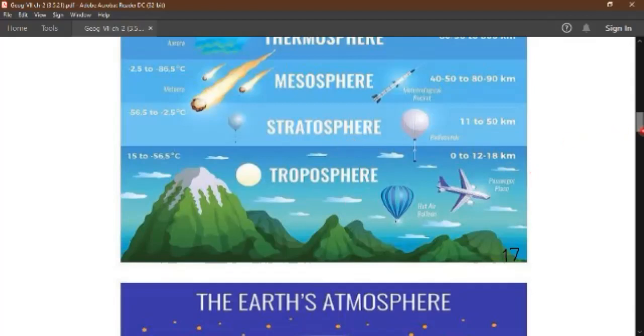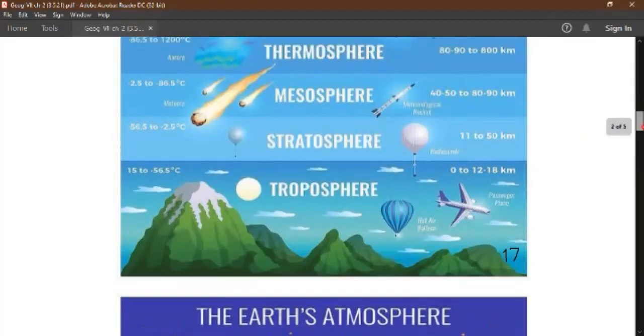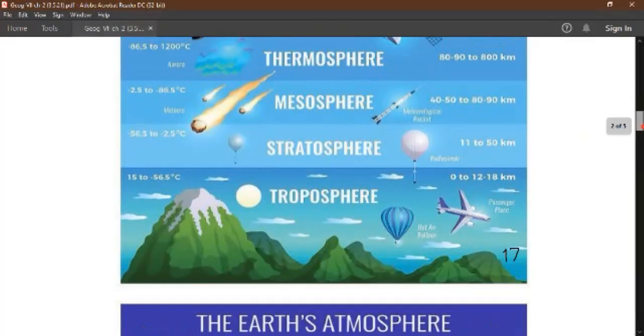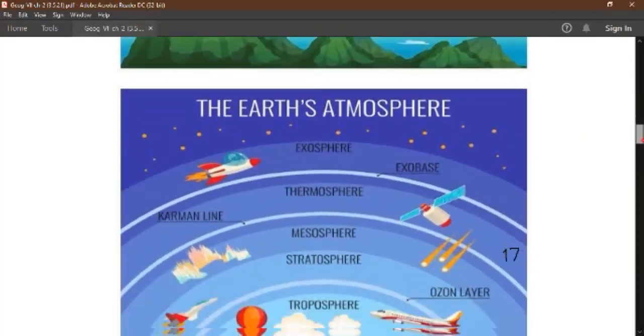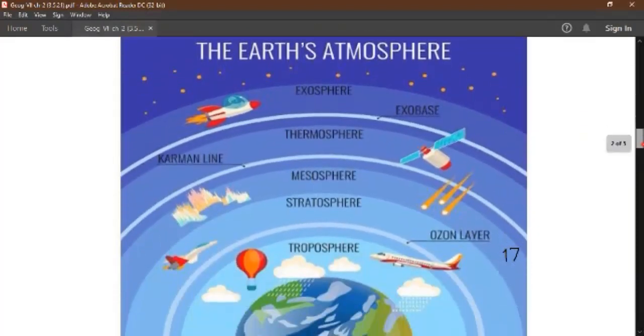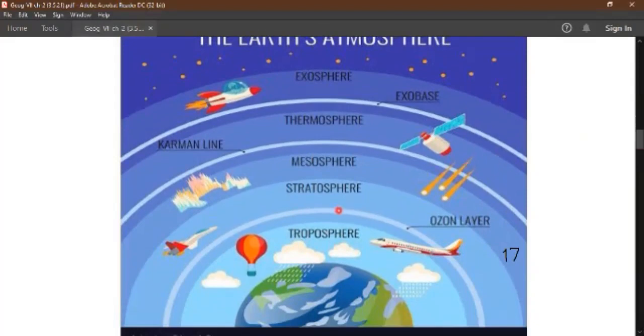Then the second layer is the stratosphere. The layer just above troposphere is called stratosphere. On an average, the upper limit of stratosphere is taken to be 50 kilometers.